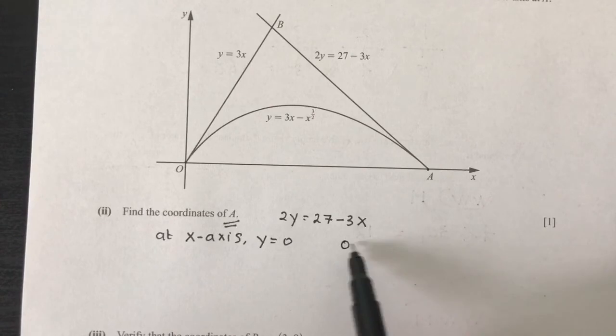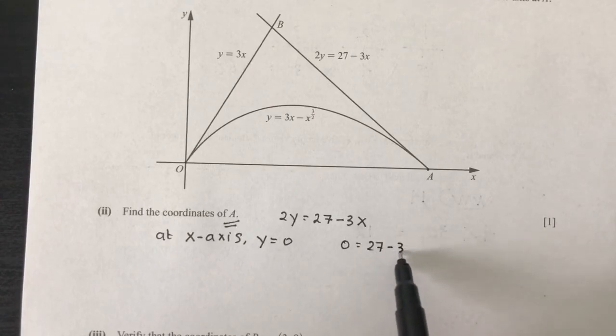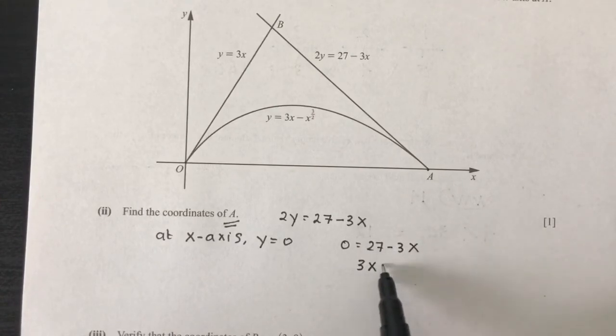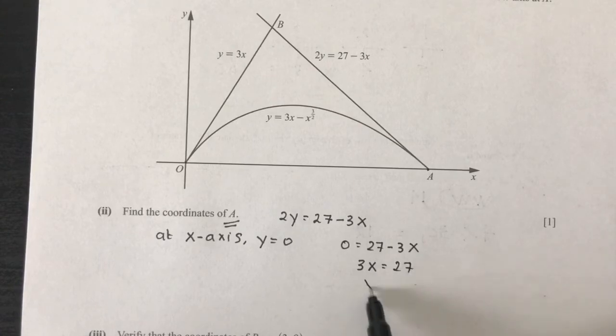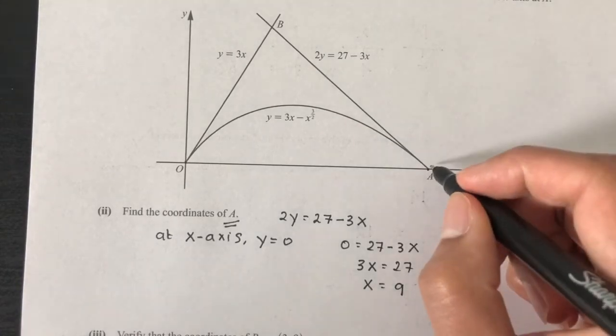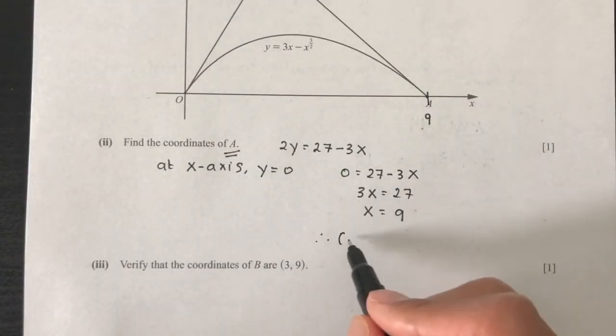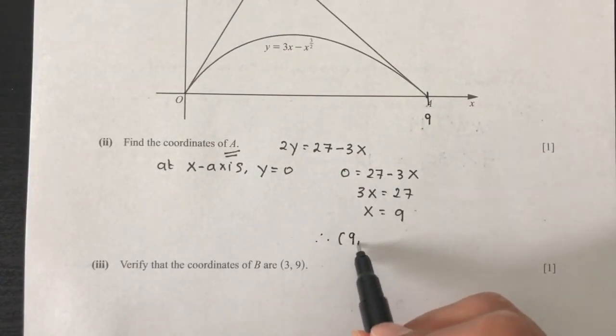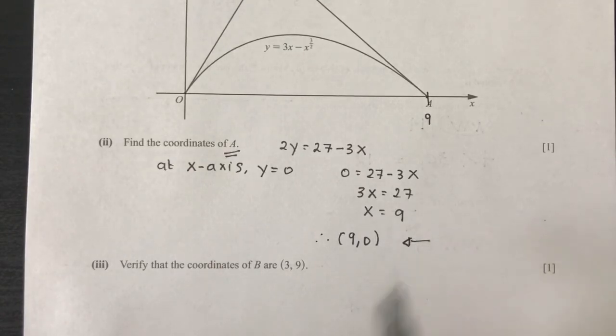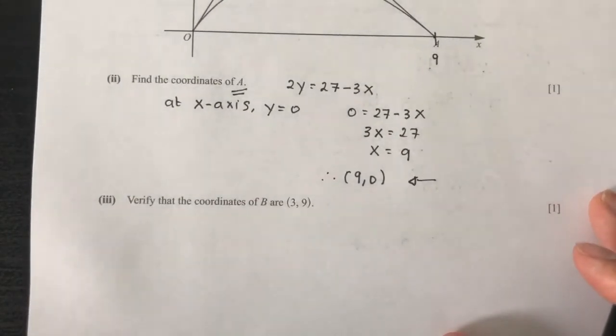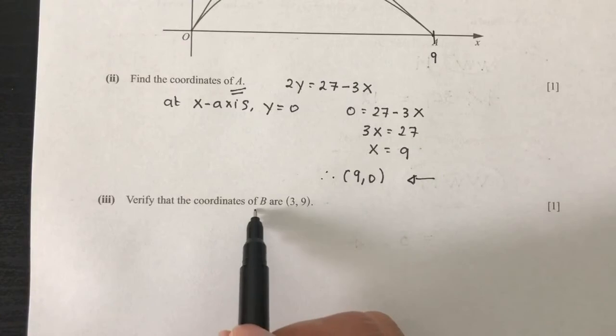So you have 0 equal to 27 minus 3x. So 3x has to be 27. x is equal to 9. So the point A has to be 9, 0. That is part 1.